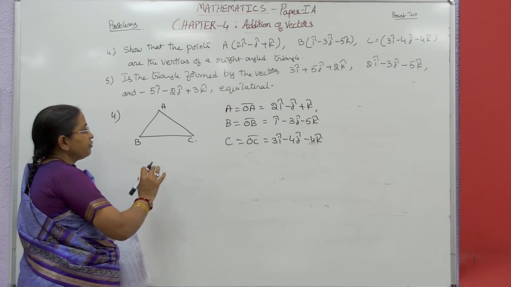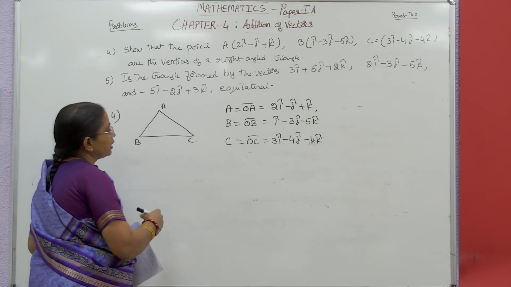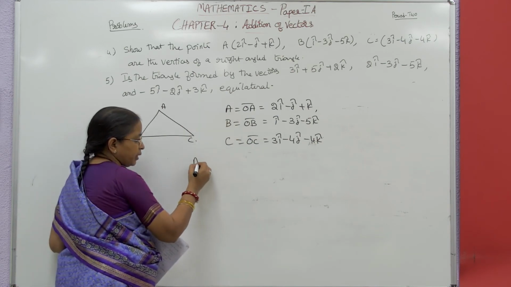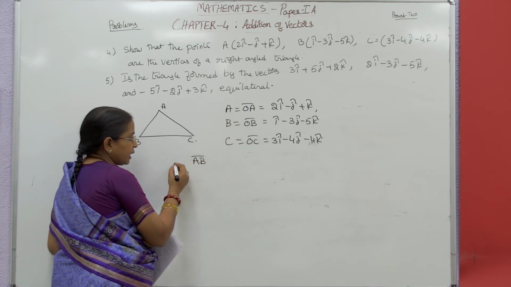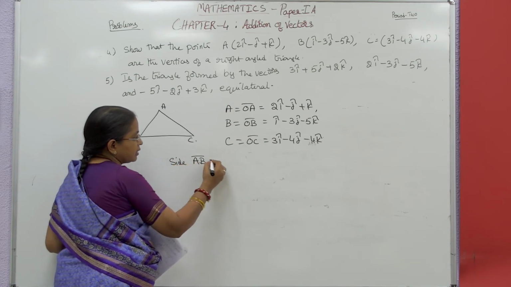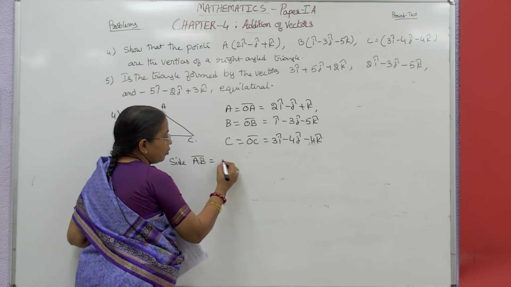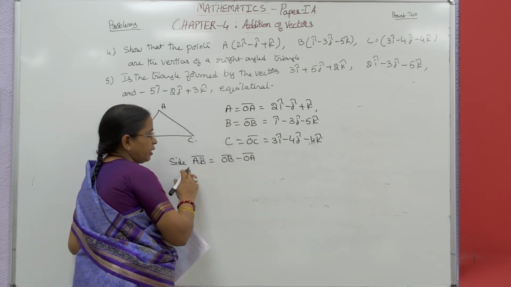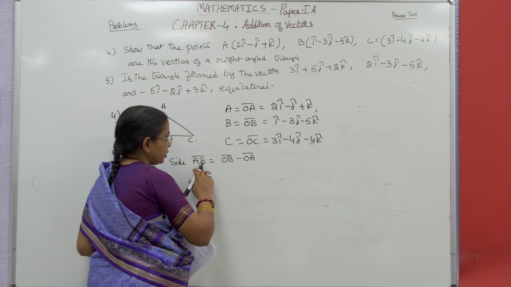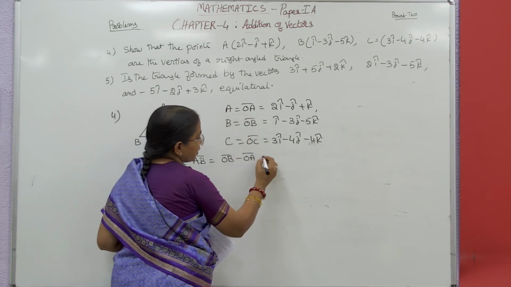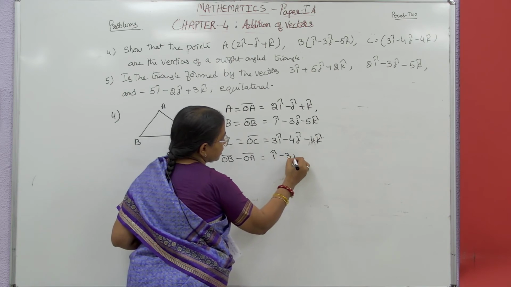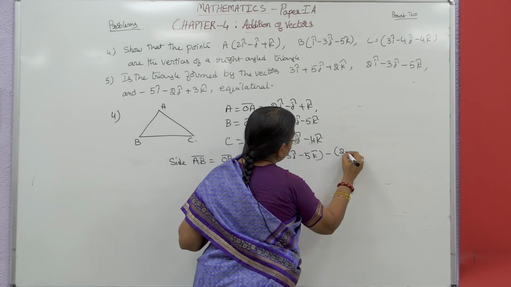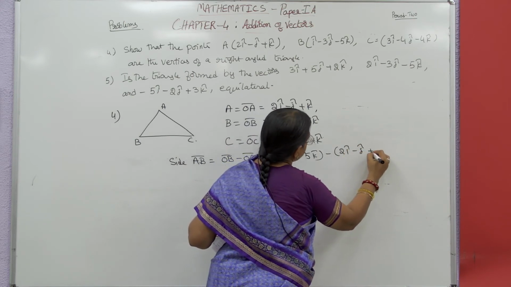Now you must find the sides. You must show that it is a right angled triangle. So you must find the side AB, that is AB vector. What is it? OB minus OA. Position vector of terminal point minus position vector of initial point. So AB is OB minus OA. Subtract. OB means i minus 3j minus 5k minus of 2i minus j plus k.